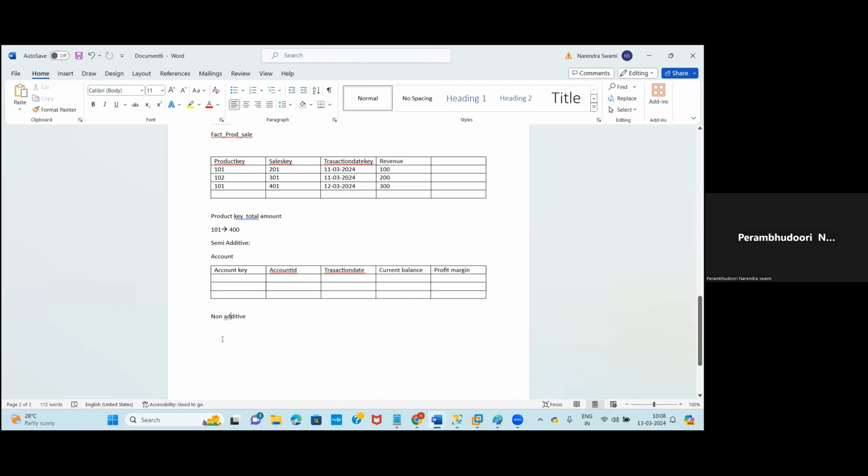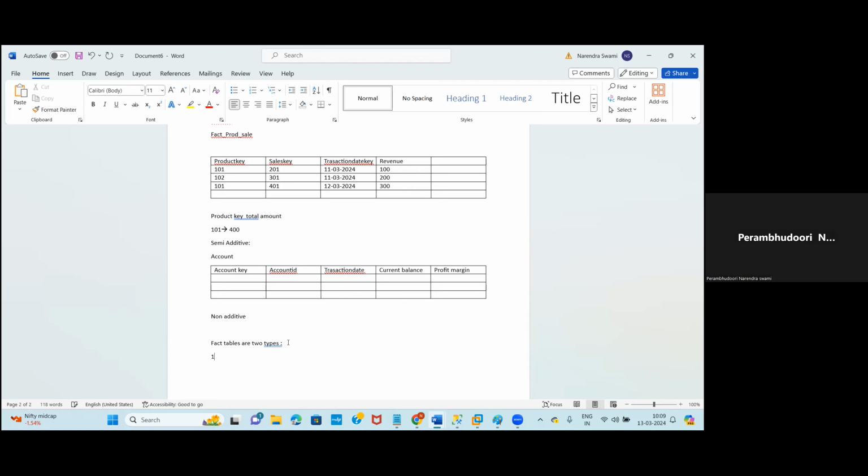Okay. So based on this additive, semi-additive, non-additive, the fact tables are divided into two types. Till now, we spoke only about facts, not fact tables. Now, based on these facts, the fact tables are divided into two types.